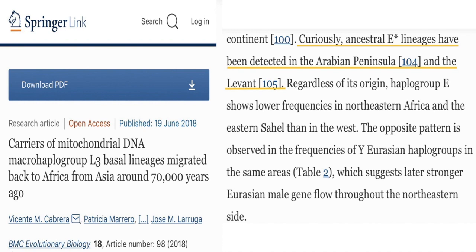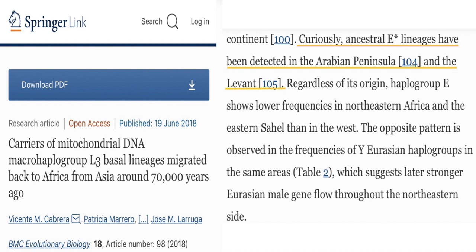That's the title of the paper. So the relevant portion is in yellow, and it reads, curiously, ancestral E star, that's what the star means, it means ancestral or basal, ancestral E star lineages have been detected in the Arabian Peninsula and the Levant.